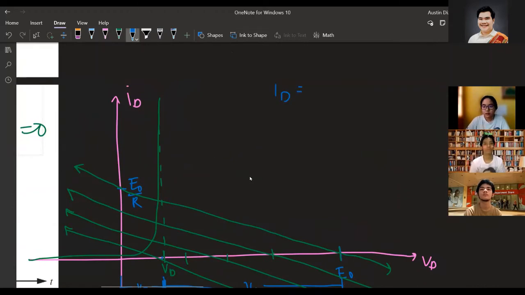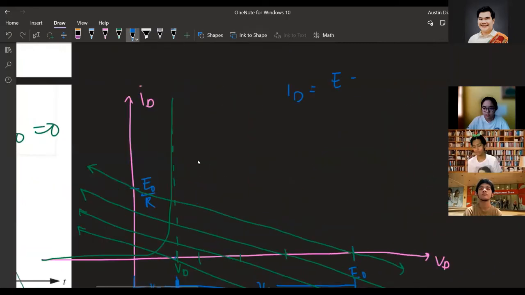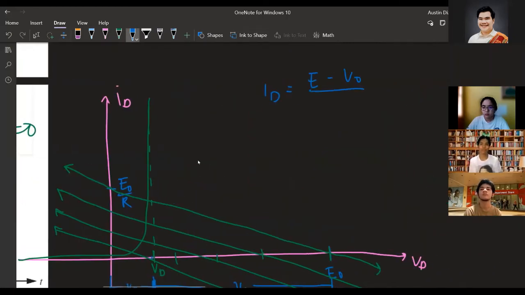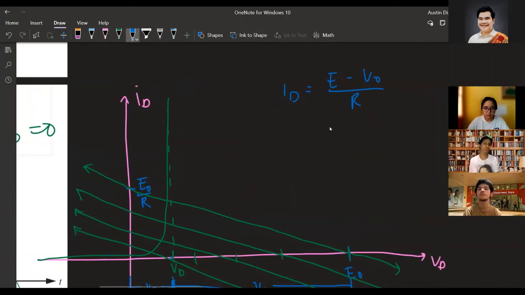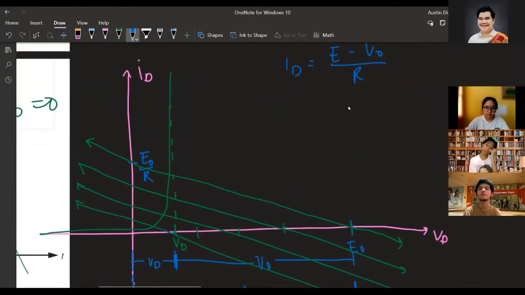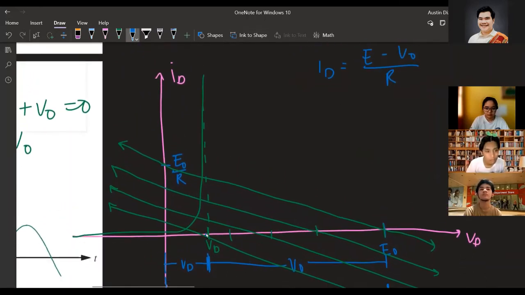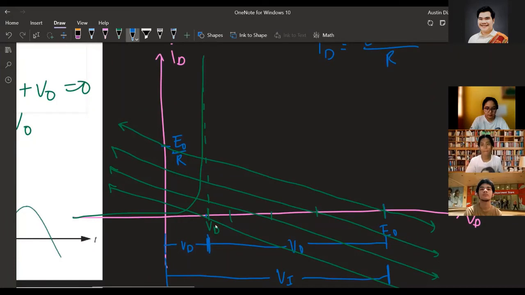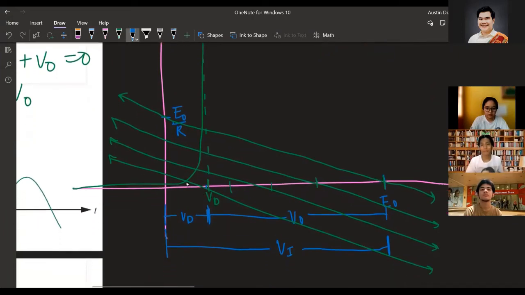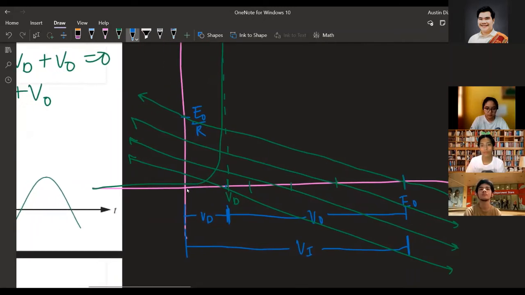ID equals E minus VD, for this part is E minus V0 over R. So 1 over R lagi yung tawag dito, slope niya. Pansin nyo, kapag nandito na ako malapit sa maximum voltage ng VD, yung response ko ay wala nang current. Wala nang current na dadaloy sa akin.